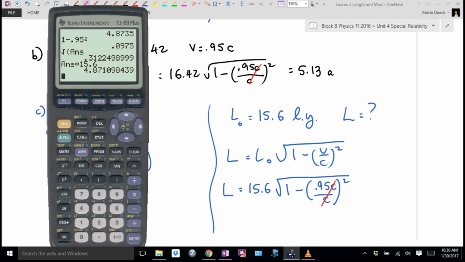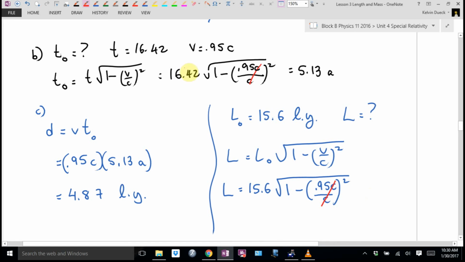This is the mathematical proof that this length contraction works, because we got the same answer using the time dilation equation, which I did prove. So we get 4.87, and since we put in a length of light years, we would get an answer back in light years.